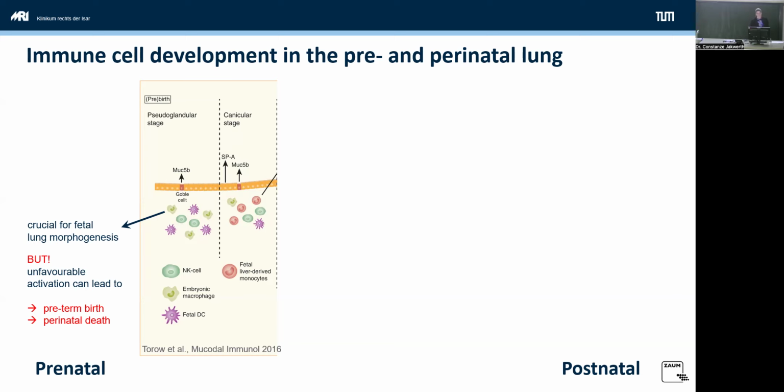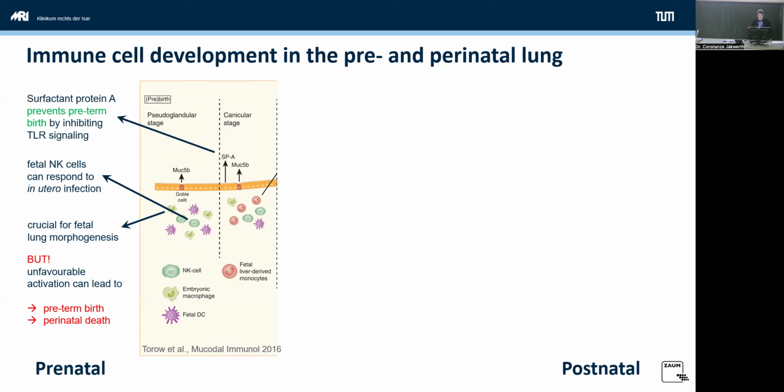An activation is unfavorable and is associated with preterm birth and perinatal death. The fetal NK cells, however, at least according to the evidence so far, can respond to infections in utero and are not associated with a bad outcome.